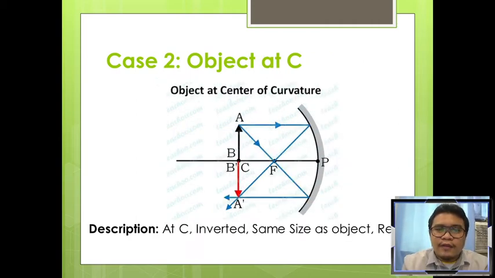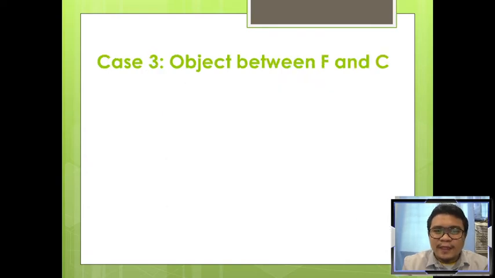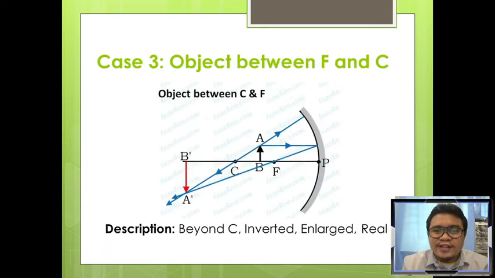But if the object is exactly at point C, the image is exactly at point C also, it is inverted, of the same size as the object, and real. And for objects between F and C, its image is beyond the center of curvature. It is still inverted, enlarged, and this time it's still a real image.